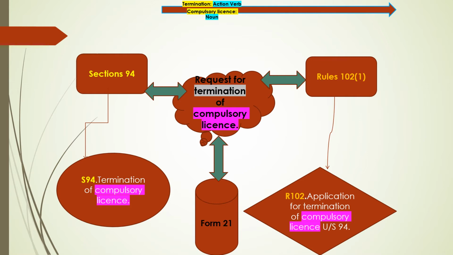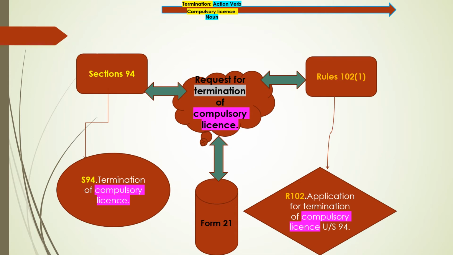That means termination is happening. This word termination you can find in the form number, in the section number, and in the rule number as well. That's why we can say that the secondary keyword here is termination.